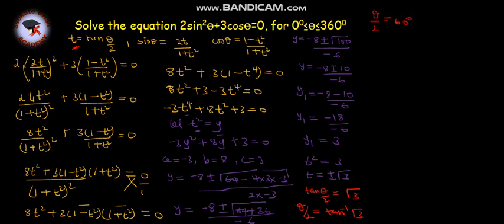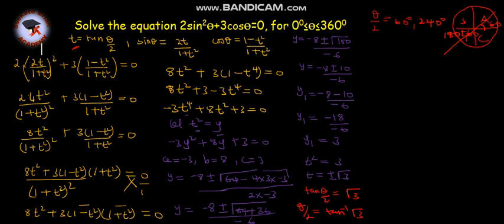So we need to find other angles, and we shall sketch our circle. We shall find the regions where tan is positive, and we have this region and that region. Here the angle is 60. Now to find the second angle, we shall get 180 plus 60, which is 240 degrees.